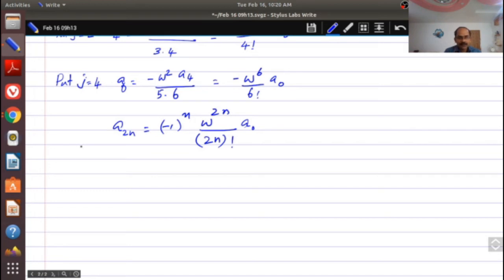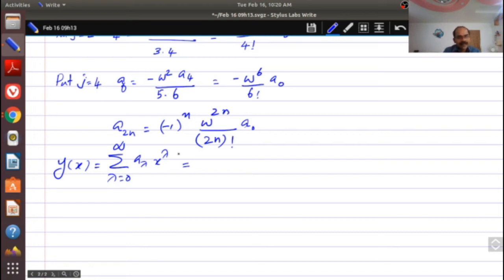k is already known, k is 0 here. So what is our y of x? Y of x is originally the summation over lambda equal to 0 to infinity of a lambda x raised to lambda plus k. So x raised to lambda plus k is not needed, x raised to lambda, because k is 0.